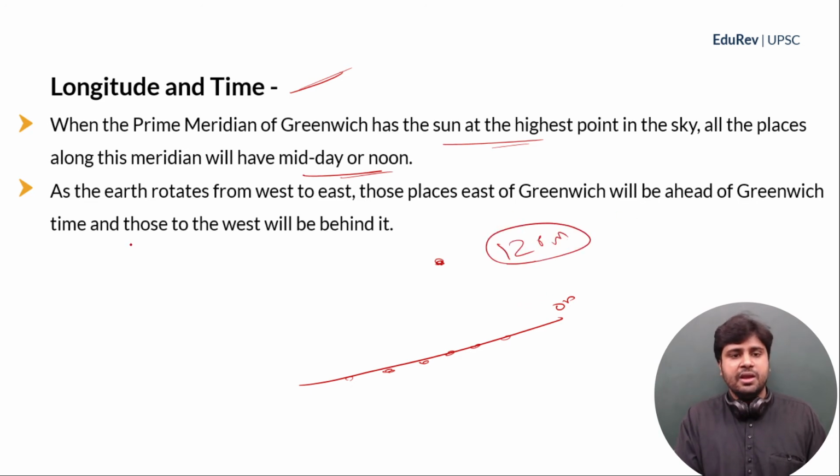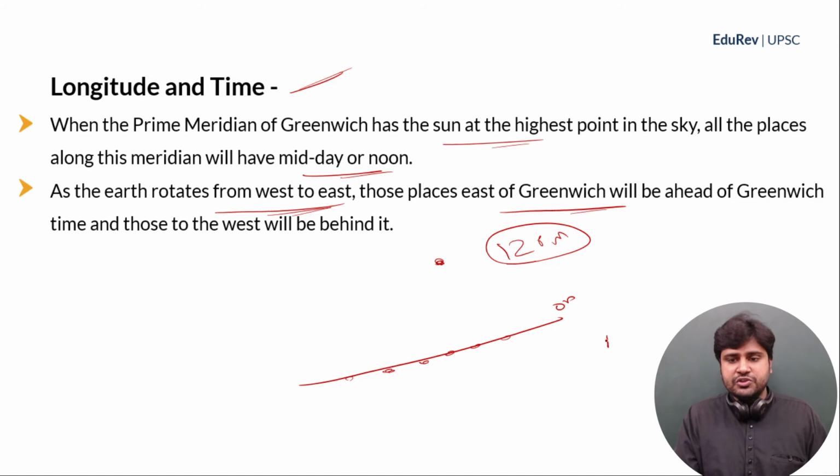Clear, right? Now, the Earth rotates from west to east. We all know this, right? The Earth rotates from west to east. So, places which are east of Greenwich will be ahead of Greenwich in time, and places which are west of Greenwich will be behind Greenwich in time.